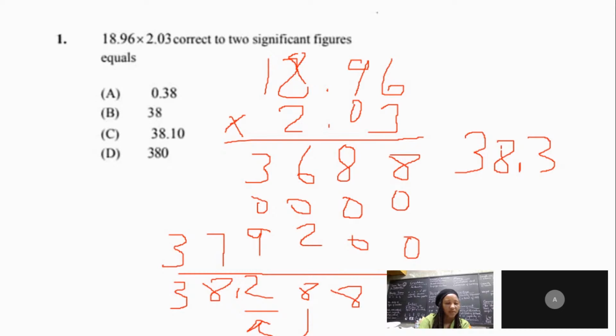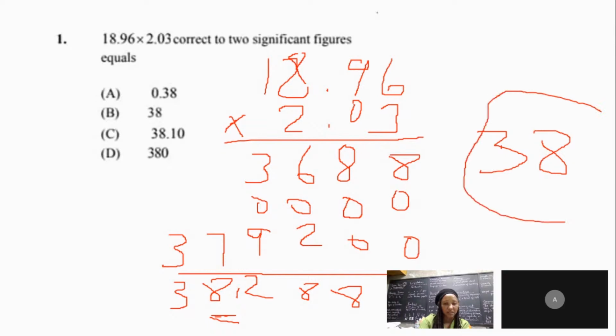Two significant figures. Oh, two significant figures. Okay, I thought I saw 3. Okay, so it's 2 significant figures, not 3 significant figures. So that's 1, 2, and the 2 is less than 5. So we're going to round it to 38.